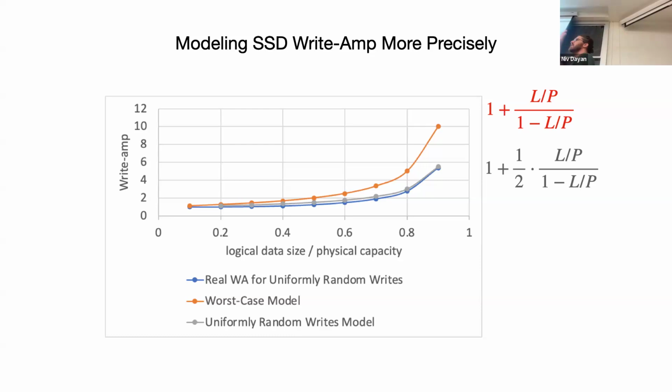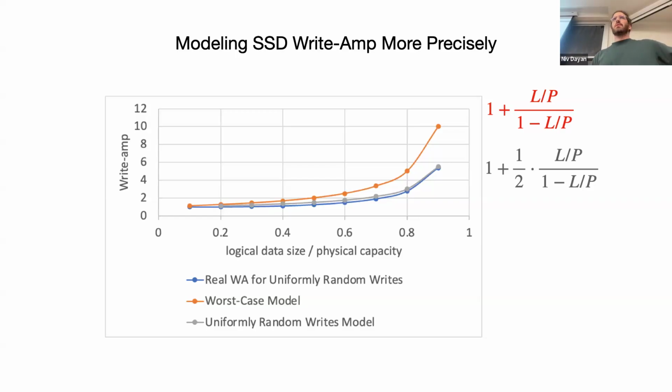Any questions about this? Yes, a slight question. The formulas we see here assume that when you do garbage collection, you reclaim all of the invalid pages, correct? But then if you have the L over P, the logical space versus physical space, that remaining physical space can't be reclaimed, right?